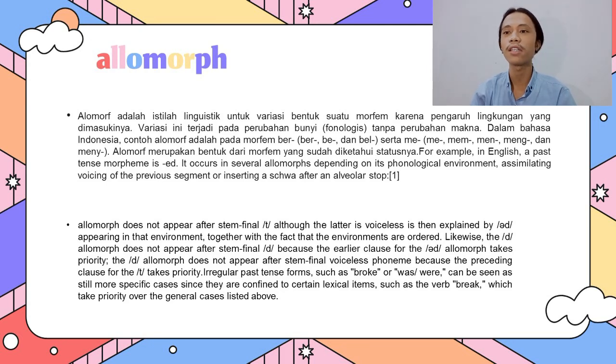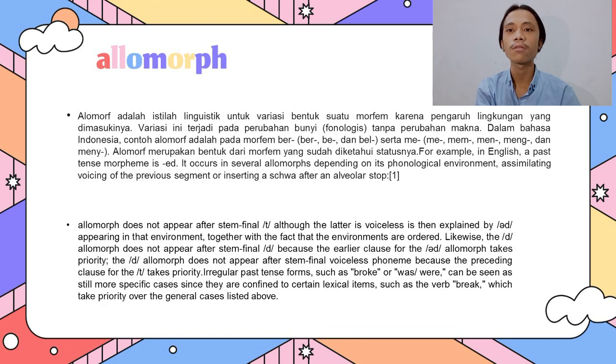Likewise, the D allomorph does not appear after stem final d because the earlier clause for the ed allomorph takes priority. The D allomorph does not appear after stem final voiceless phoneme because the preceding clause for the T takes priority.